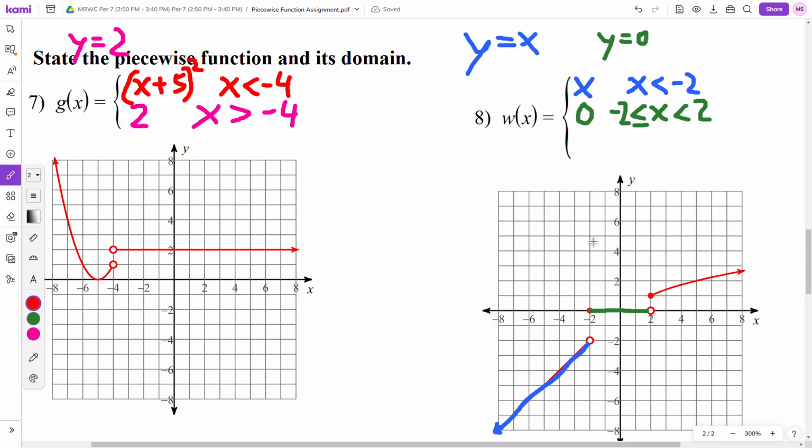For the next one, what the heck is that function? Well, to me, that looks like the square root function. There's only one slight difference: normally the square root function would look a little more like this.